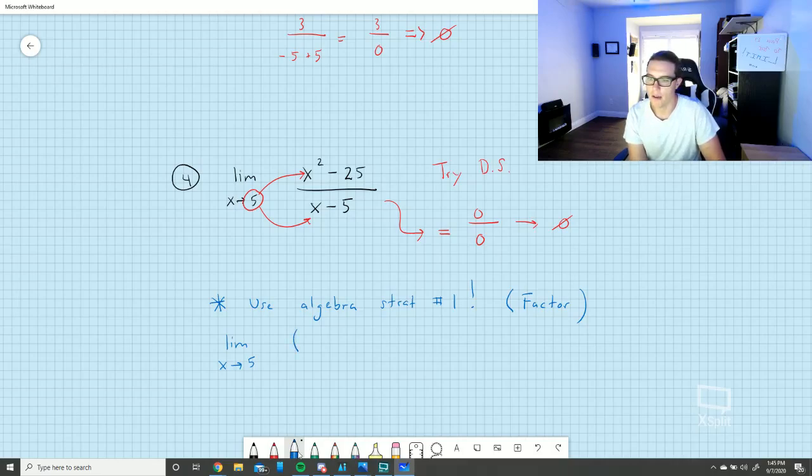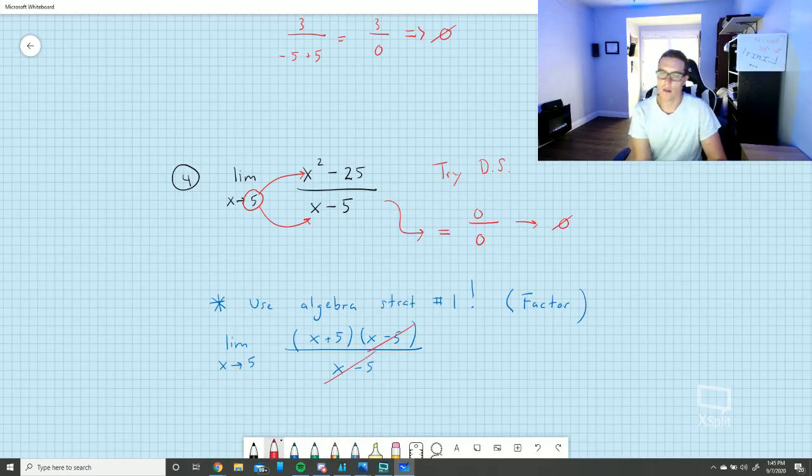So we factor the top, difference of squares, which is why I had you reviewing some basic factoring. And look what happened. The terms canceled out. So now we're really doing this problem instead. Now you can do direct substitution. So now directly substitute. And when you plug it in, you get 10. And that is the limit.